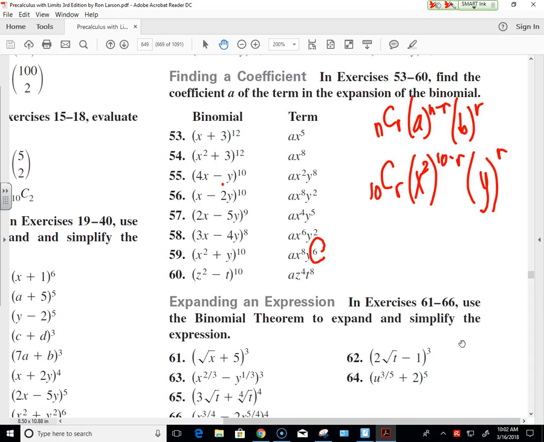I'm going to look there because that matches up super nice because it's just y to the r. So y to the 6th, r must equal 6, right? But over here, if I was to look at the x, well, this doesn't equal 8. This combined equals 8. So you could have set 20 minus 2r equal to 8 or just r equal to 6. Both of them should be the exact same thing.